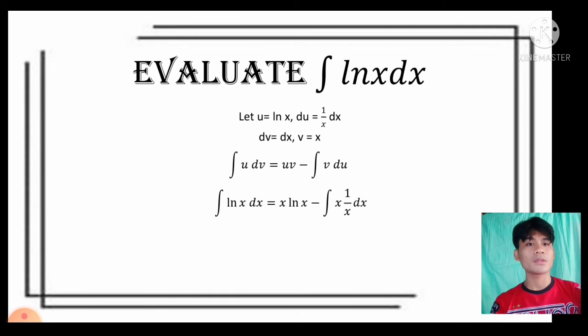So we come up with the integral of ln x dx is equal to x ln x minus the integral of x times 1 over x dx. Let us solve it.